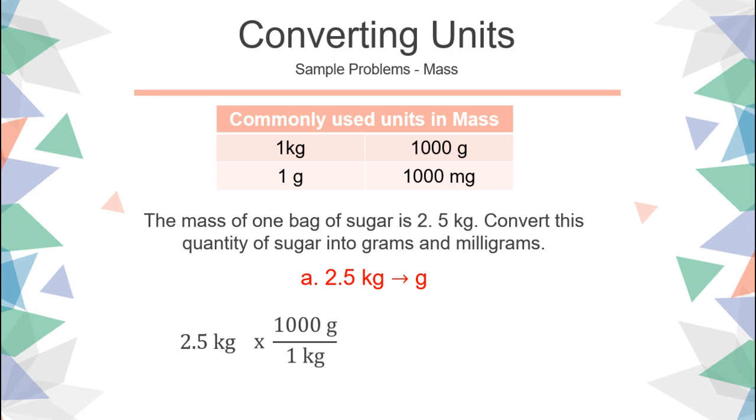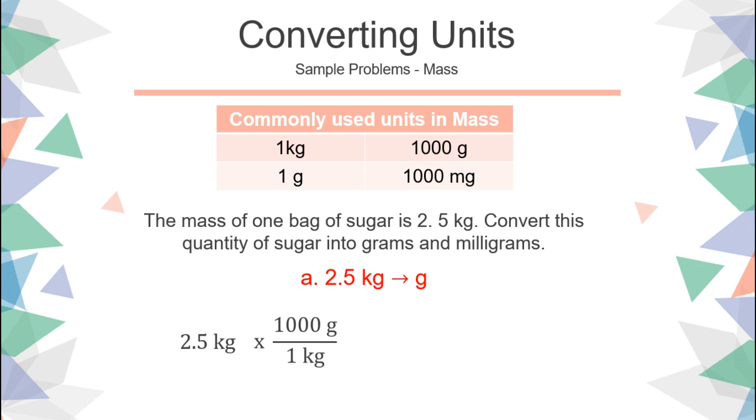Since we want to convert kilograms to grams, we look at the table for a conversion between kilogram and gram, an equal quantity. It's easy to see in number 1 that 1 kilogram equals 1,000 grams.